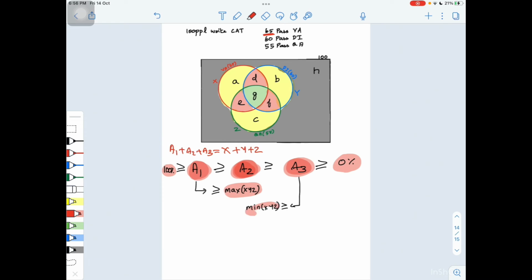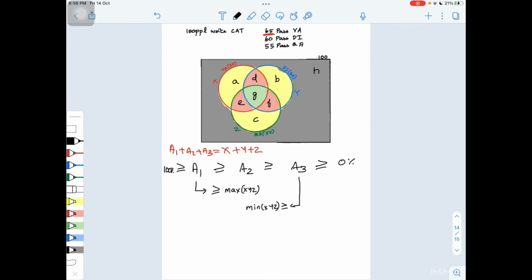A3 has to be lesser than A2. In addition to it, A3 has to be lesser than this value, the minimum of x, y, z. Then not just this, in addition to this, we also know that A1 plus A2 plus A3 is nothing but the summation of x plus y plus z.